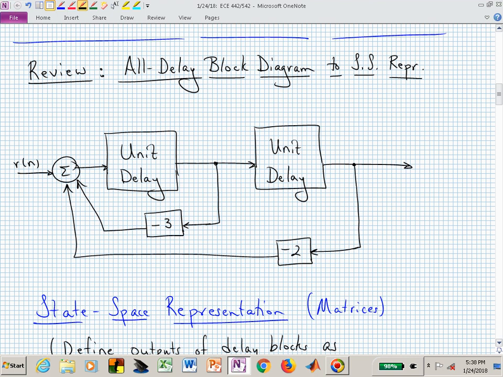So now we have two representations. How did we make or create a state space representation from this block diagram? What's the strategy? How many state variables do I have for this system? 2. Consistent with, the same as, the number of delays. And now how do I define those state variables?